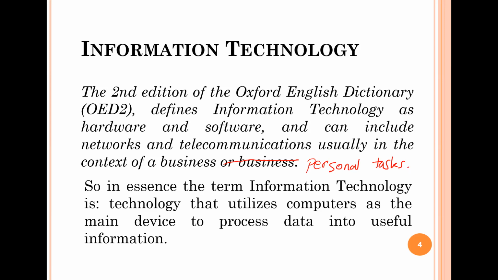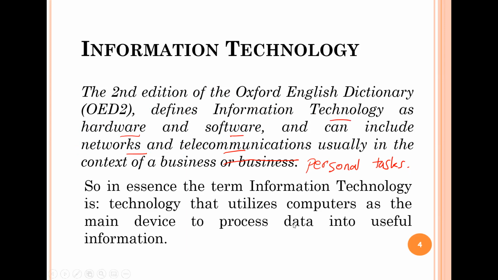We got the definition of information technology here as the collection of the components: hardware, software, telecommunication technology, network. Most of them are more closely related to technical matters of technology.